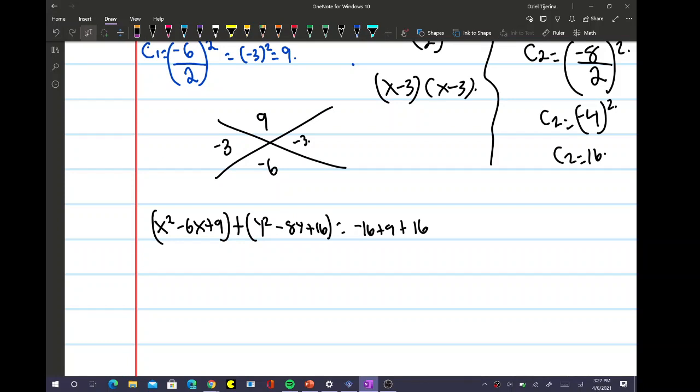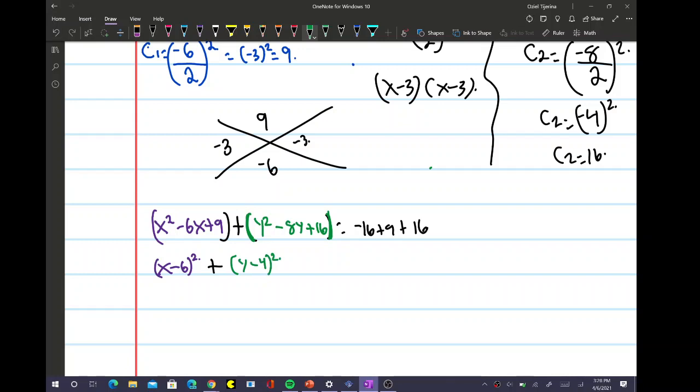So this right here, if we color code, we get x minus 3 quantity squared, and then plus, this one over here will be y minus 4 quantity squared.